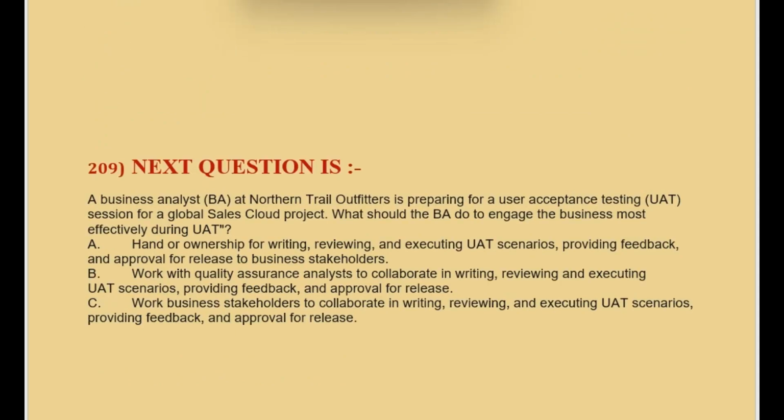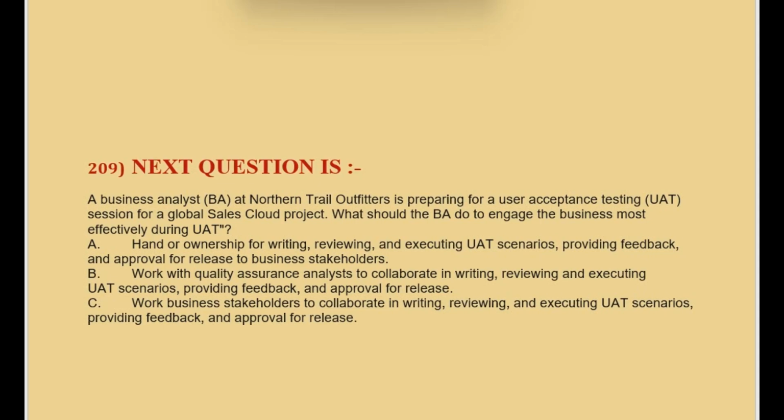Question is, a business analyst (BA) at Northern Trail Outfitters is preparing for a user acceptance testing (UAT) session for a global Sales Cloud project. What should the BA do to engage the business most effectively during UAT? Option A, hand over ownership for writing, reviewing, and executing UAT scenarios, providing feedback and approval for release to business stakeholders.